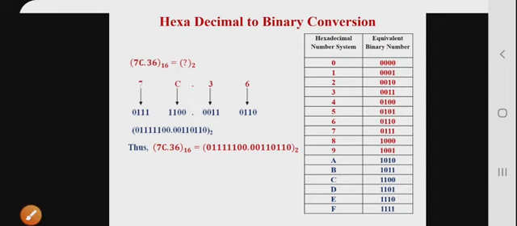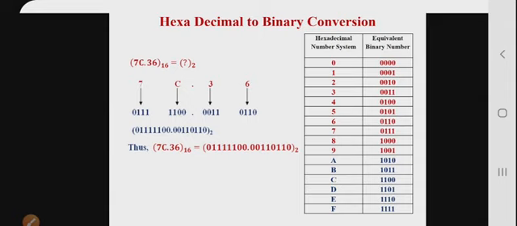By this way we can find all possible binary numbers, but actually binary numbers cannot be pronounced like 1, 10, 11, 100 and so on. They can only be pronounced like 0000, 0001, 0010 and so on. So this was just a trick to remember how the binary number can be equivalent with hexadecimal number system.